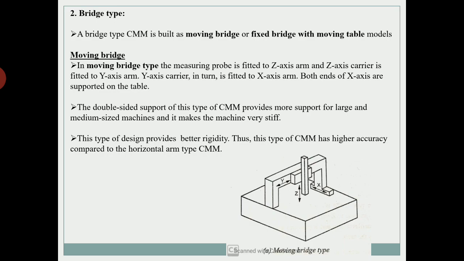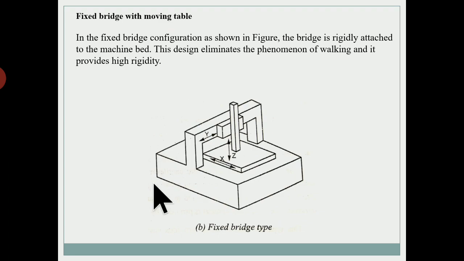Then the second type of bridge type CMM, that is fixed bridge with the moving table. In the fixed bridge configuration as shown in figure, the bridge is rigidly attached to the machine bed.